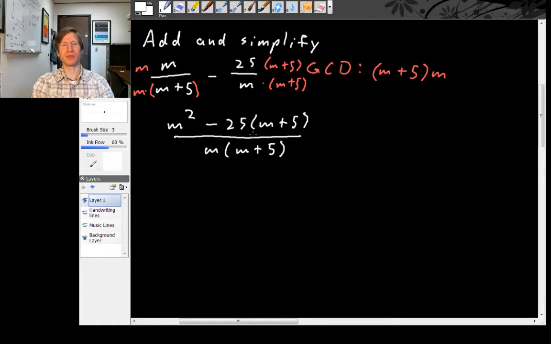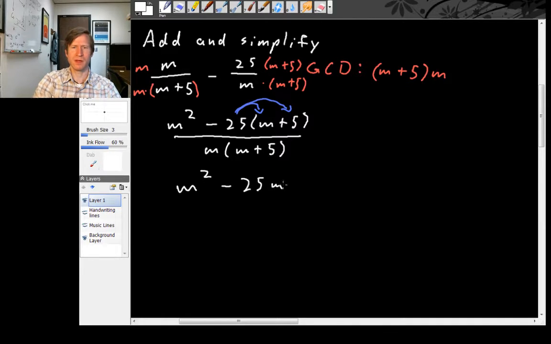There's more we can do with the numerator here. In particular, we can distribute this negative 25 like that. So we get m squared minus 25m minus 25 times 5. That's going to be 125, all over m times m plus 5.